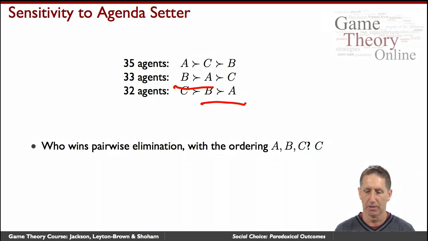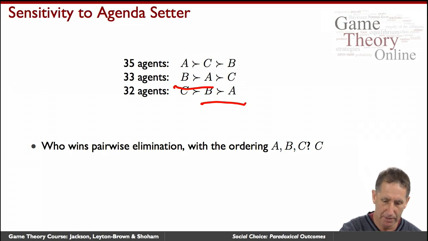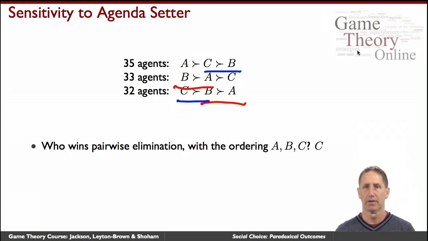And then when the winner, namely B, is compared to C, you'll see that C is preferred to B by the majority of the agents, and therefore C will be the winner with this ordering.